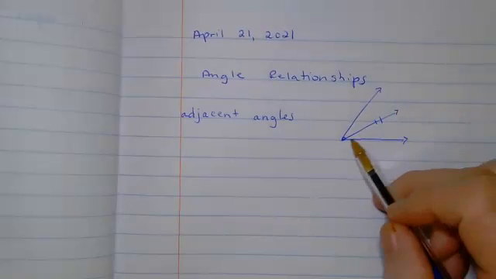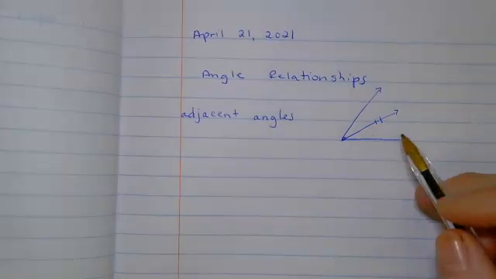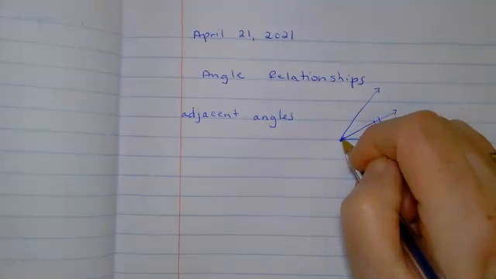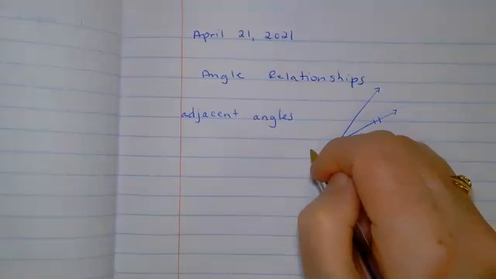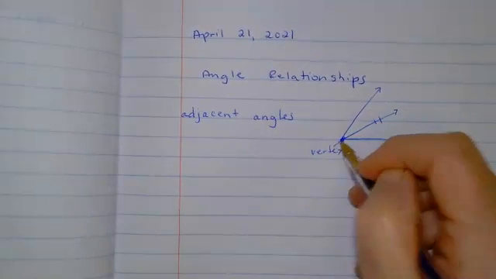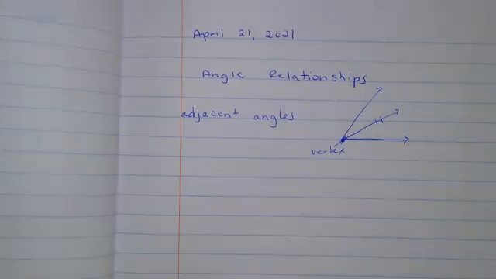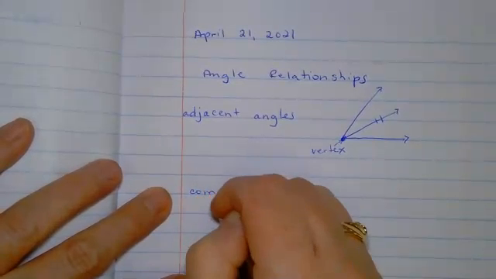So this side is part of this angle, and this side is part of this angle. They also have the same point or vertex. So the point down here is called the vertex. And they share one side. That's what makes it adjacent. We've already talked about these, but let's write this down.